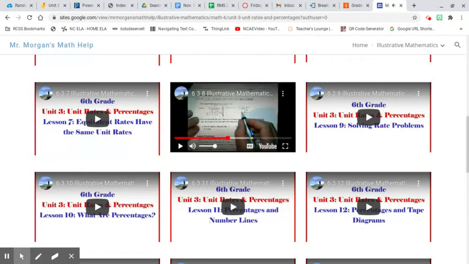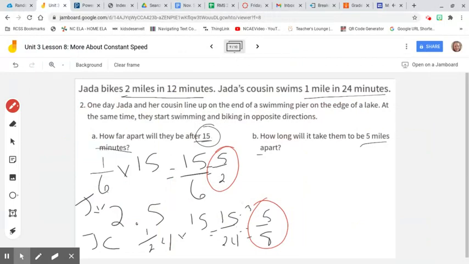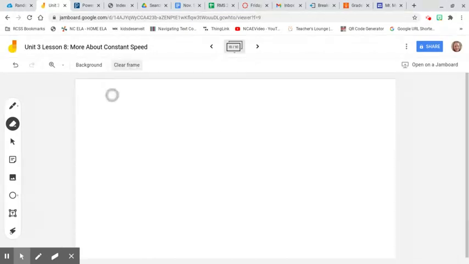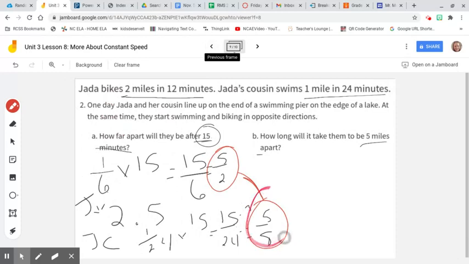Okay. So what he did was he finished up how far would they be after 15 minutes. Well, that's where he took these two and he added them together. So I'm going to come over here and clear this frame. Okay. So we had the 5/2 plus the 5/8.